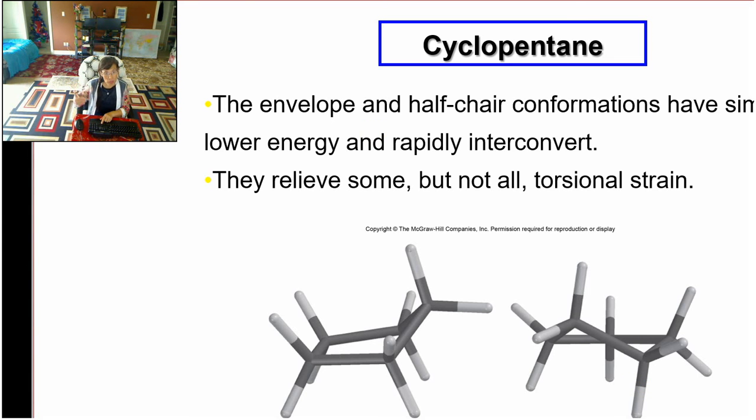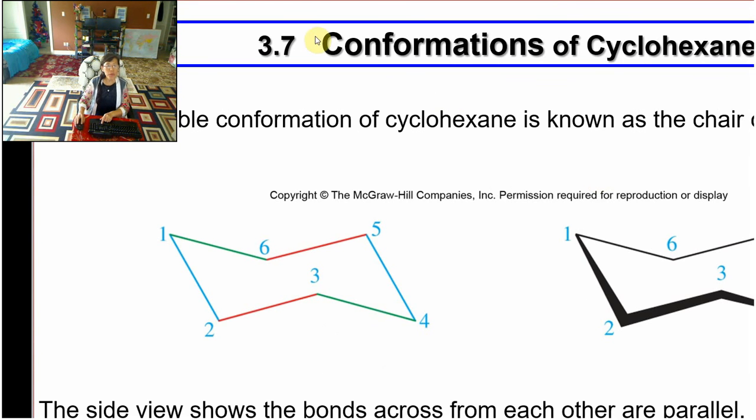So the energy difference is very low. But anyway, by forming an envelope and half-chair structure, you do more or less release some of the torsional strain. Then we are going to focus more on the cyclohexane-based structure. So I'm going to stop for now, give everybody a few minutes for a break.